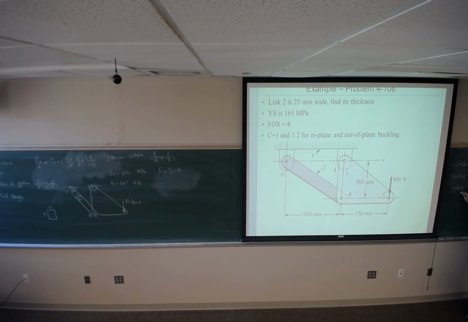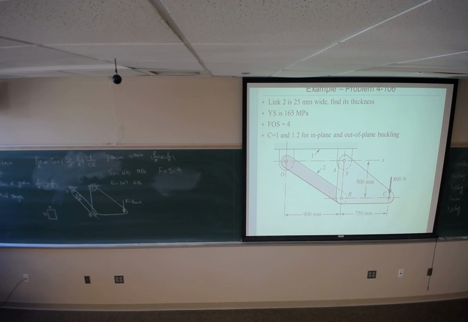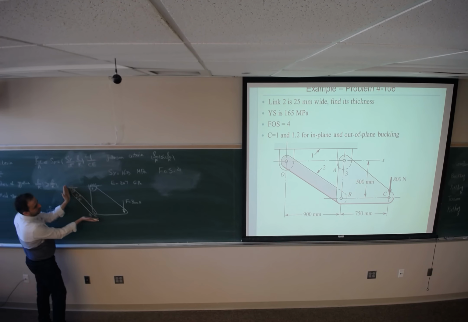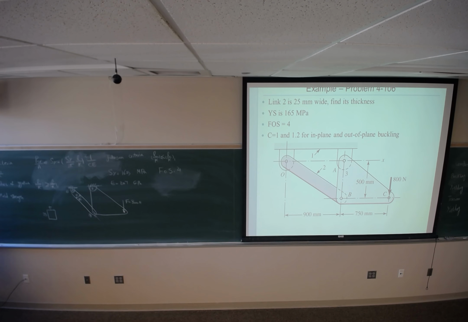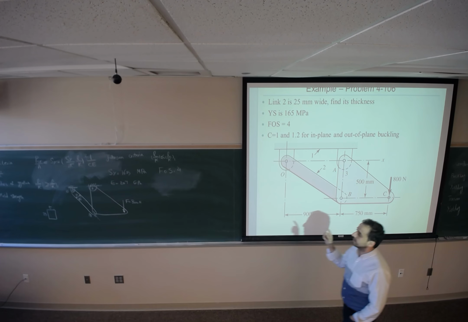But if it was only a tensile force, or the bar is under tension, the only thing that we should be worried about is the yielding. So in any other problem, the first thing that you need to find if you want to design a mechanical component is the load applied to that specific component. So far so good? Because I'm going to ask you to work on one class activity.